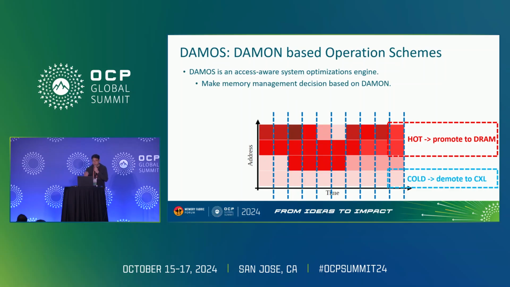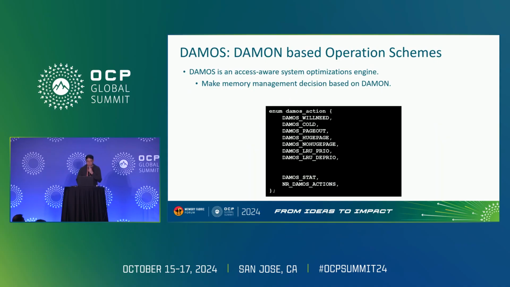As time goes by, the pattern can change, and we can apply different actions. In DAMOS, there are many other memory management actions, for example proactive reclaim, which is called DAMOS pageout. But there were no migration actions before.